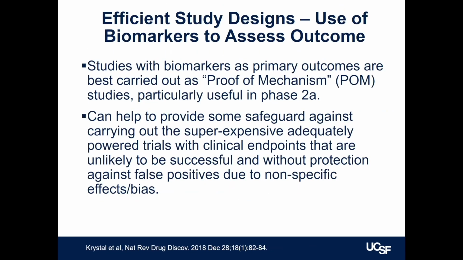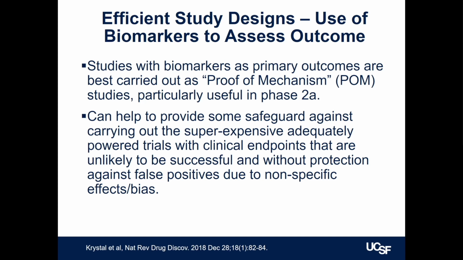And just a little bit further thought about this concept. The biomarkers, if you want to use them effectively, should best be employed in a proof of mechanism kind of framework, a structure that I'll describe in a second. But this is important because you can't just take any biomarker and stick it in any study and then have a robust capacity to lower sample size.